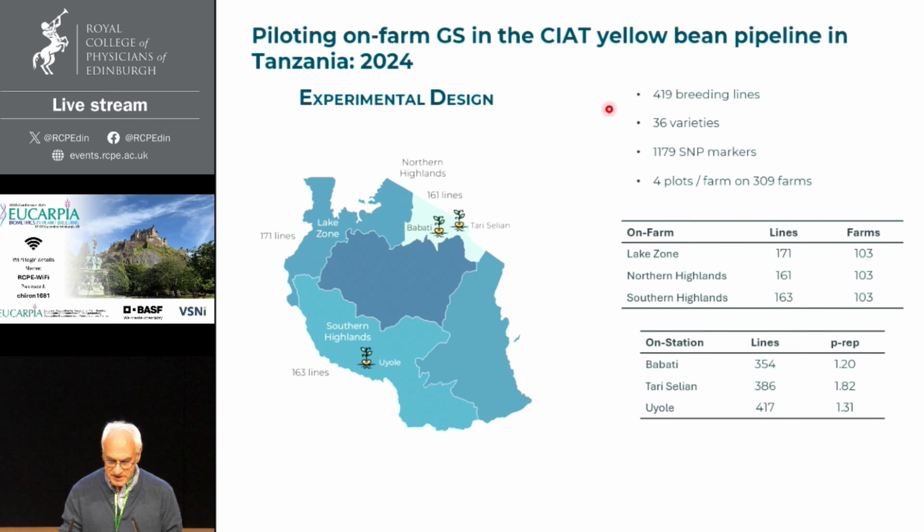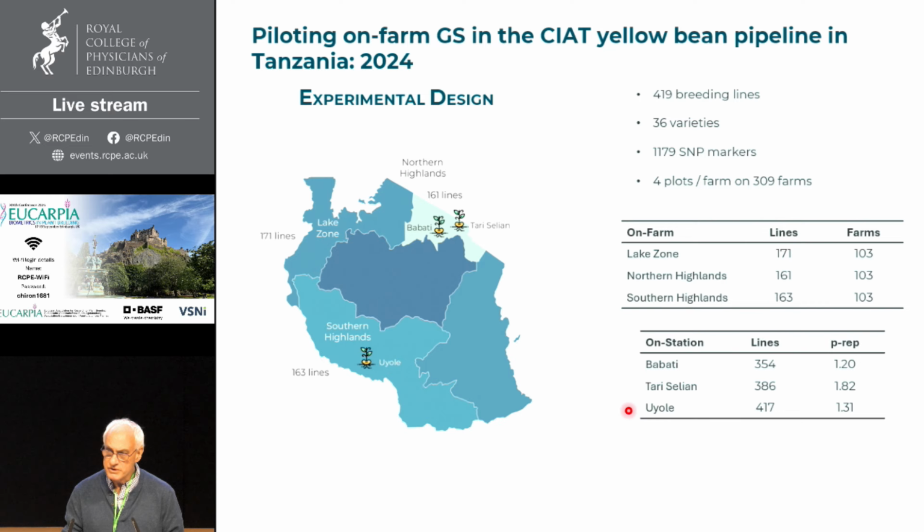The bean experiment consists of 419 breeding lines and 36 release varieties that have been genotyped with about 1,200 SNPs, and they were allocated to, I think, 4 plots per farm on 309 farms. There are 3 main bean growing regions in Tanzania: the Lake Zone, the Southern Highlands, and the Northern Highlands. Teshale organized testing at 103 farms in each of those zones with more or less equal distribution of lines across those trials.